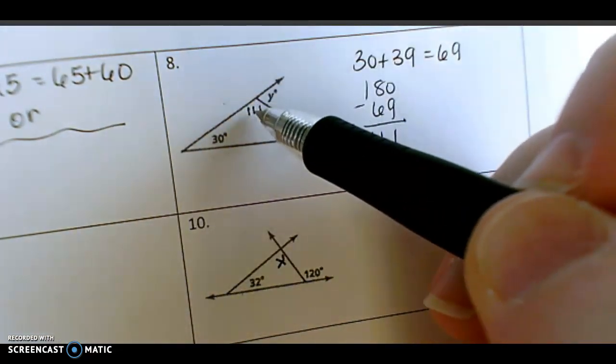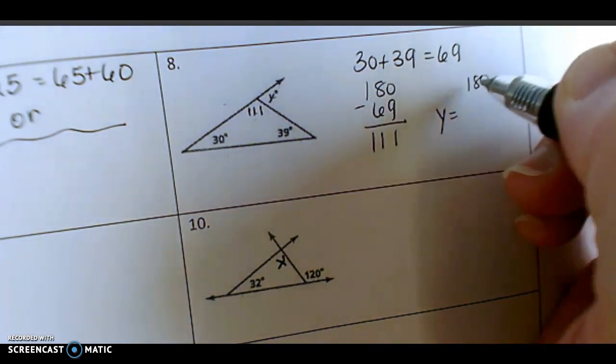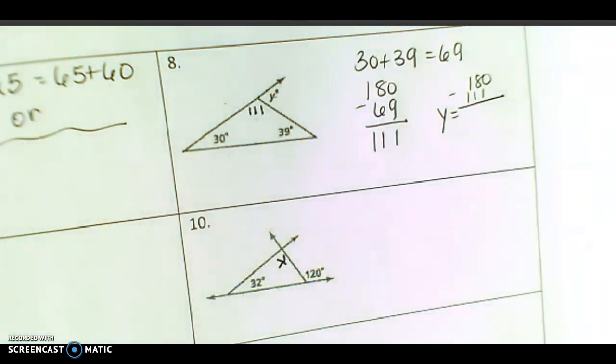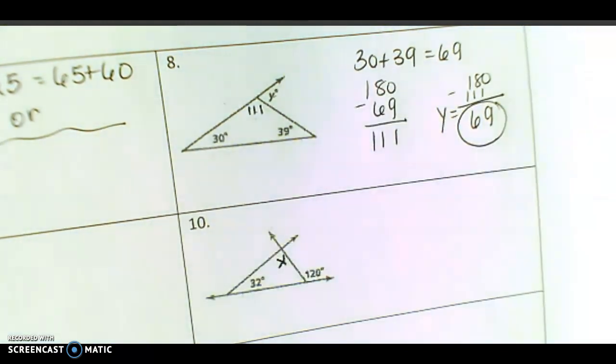And again, if I subtract that from 180, I'll get my answer, which is 69, which is what we got originally.